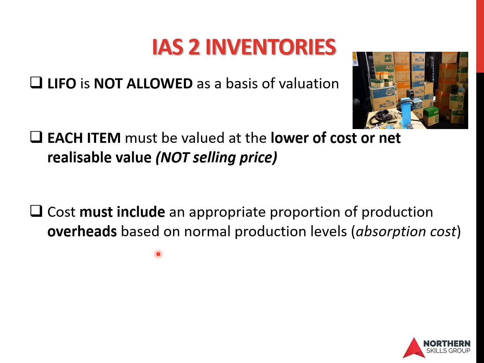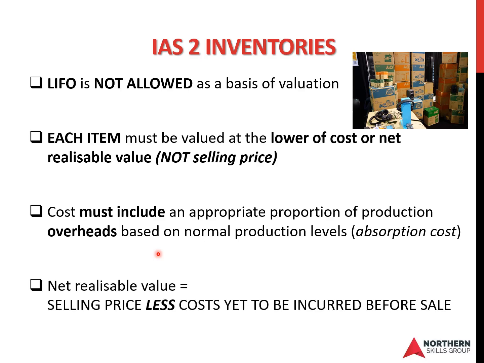You have to include a proportion of production overheads in that valuation. And remember, as I said, we're comparing cost on an absorption cost basis with not the selling price but the net realizable value, which is the selling price less any costs that have still got to be incurred before the item is sold.